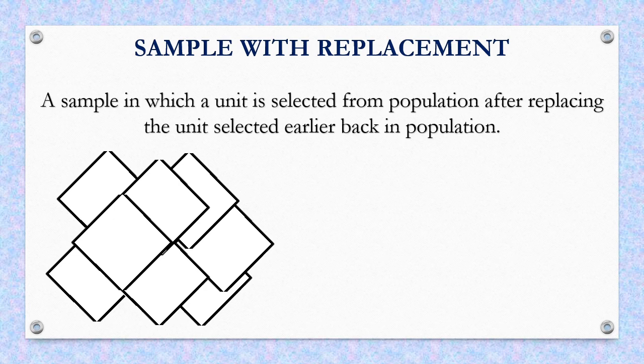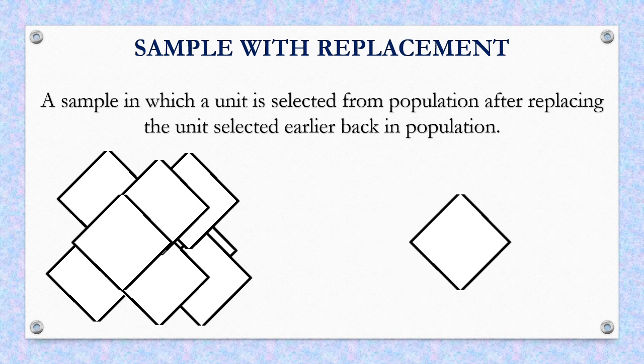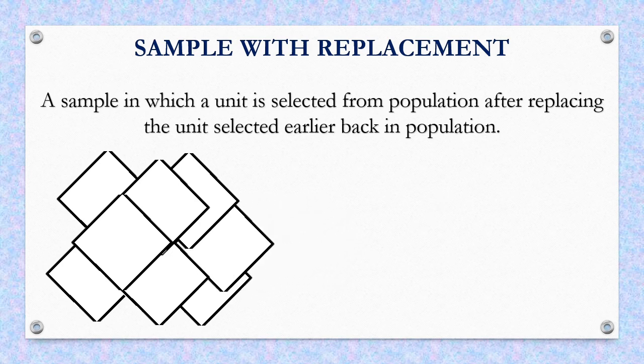Out of these 10 chits, I am selecting one chit, I am opening it, and I see that there is a number 5 written in that. These 10 chits have the numbers 1 to 10. By opening the first chit, I see that number 5 is there. I put that chit back into the population. Are you getting what I'm trying to say here?